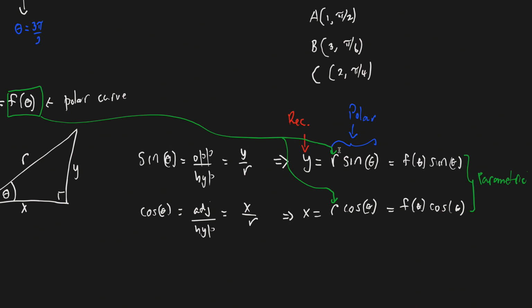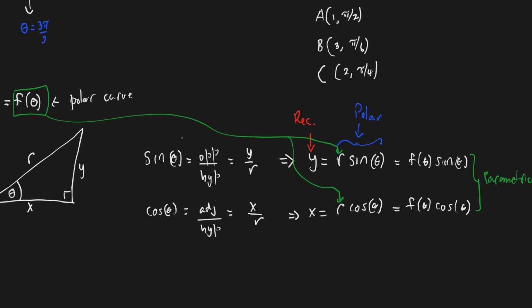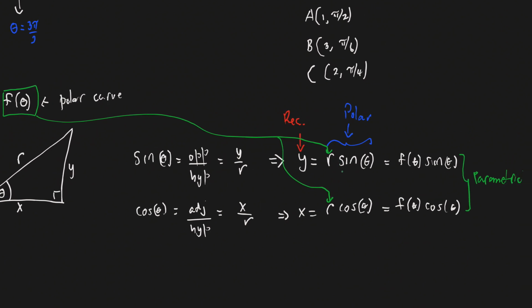We first have this extra step of taking a polar curve, r equals f of theta, and plugging it into our equations based on our right triangle. That gives us the relationship between x, y, r, and theta, and essentially eliminates the r.